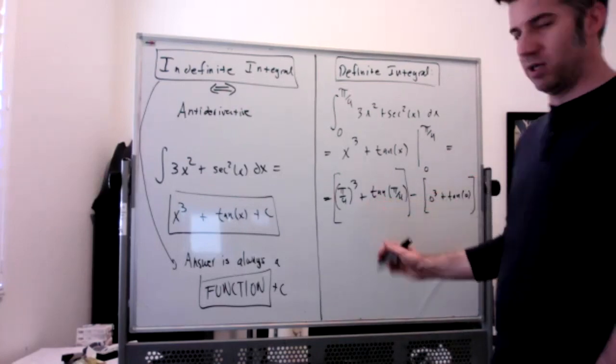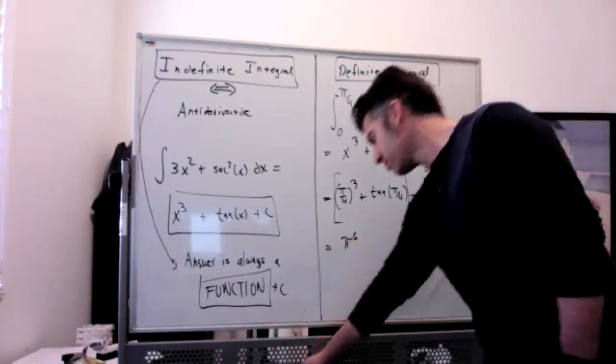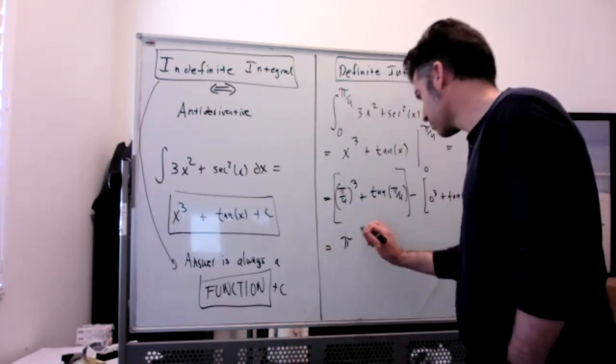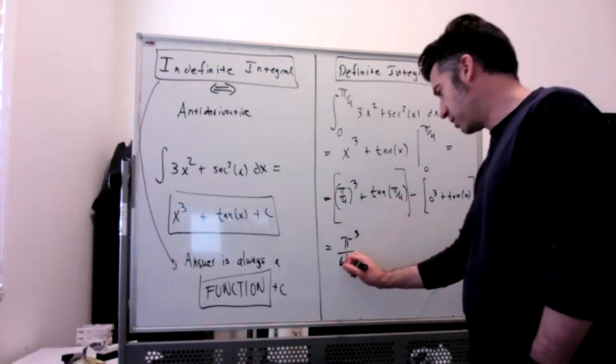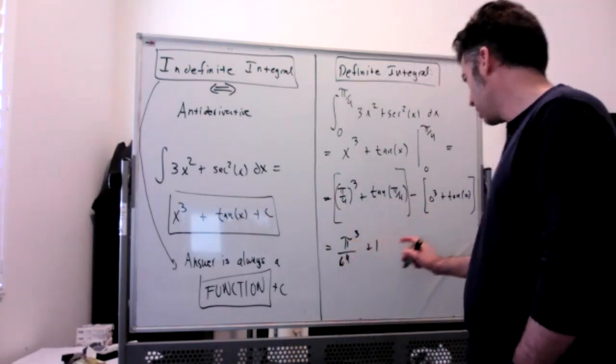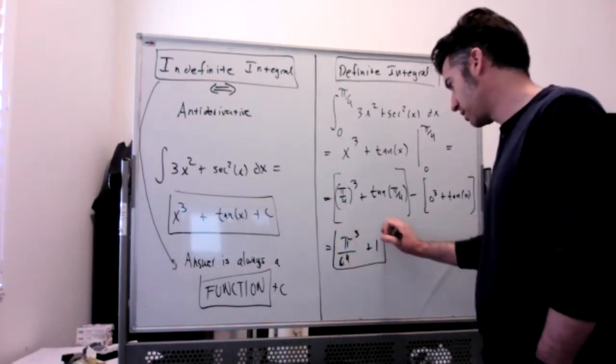Pi over 4 cubed is just pi cubed over 64, and tangent of pi over 4 is just 1. 0 cubed is 0, tangent of 0 is 0. So this is equal to that.